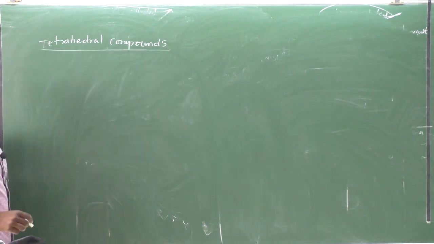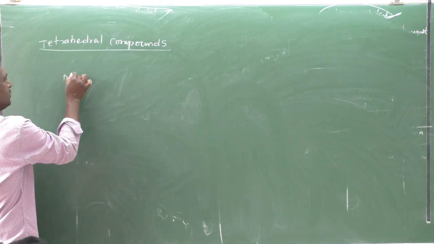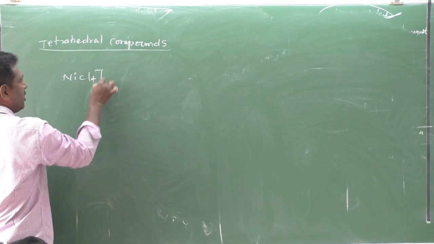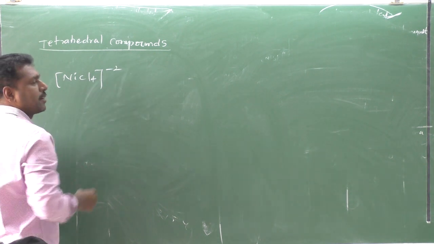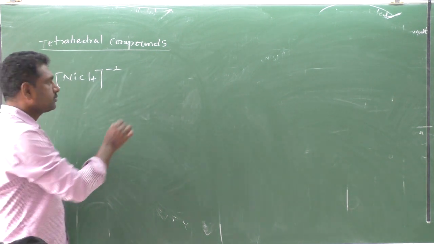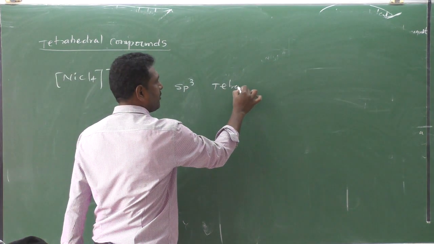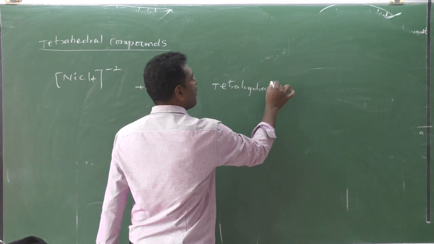I will take NiCl4 2 minus as one example. Here nickel is plus 2, sp3, tetrahedral and paramagnetic.